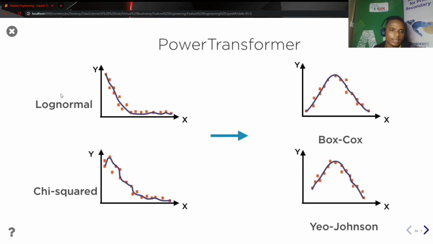What do I mean by that? For instance, look at this visualization. This particular data set is having log normal distribution. This one is having chi-squared distribution, isn't it?